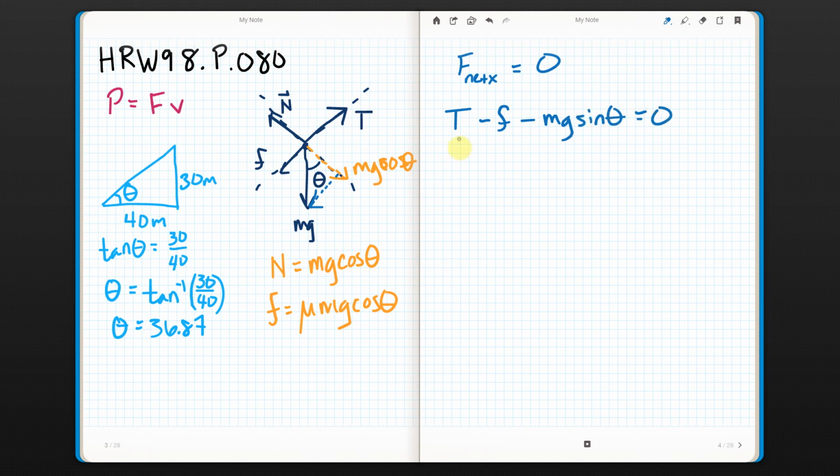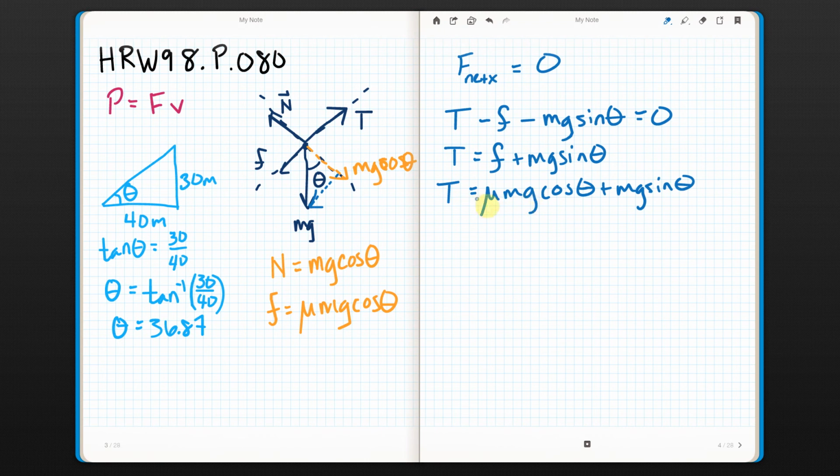That equals 0. Therefore the tension, the force that the winch is pulling with, is friction plus mg sine theta. Friction is mu mg cosine theta, so T equals mu mg cosine theta plus mg sine theta.